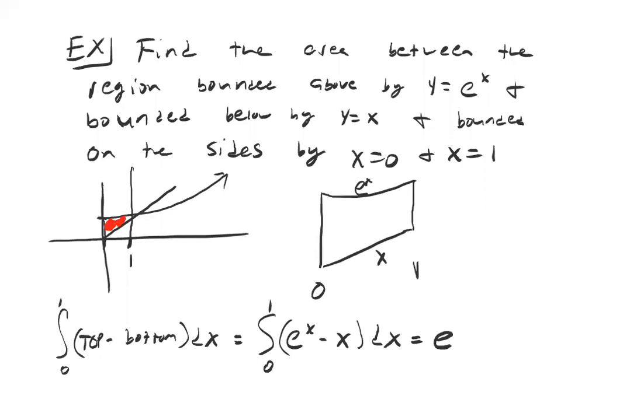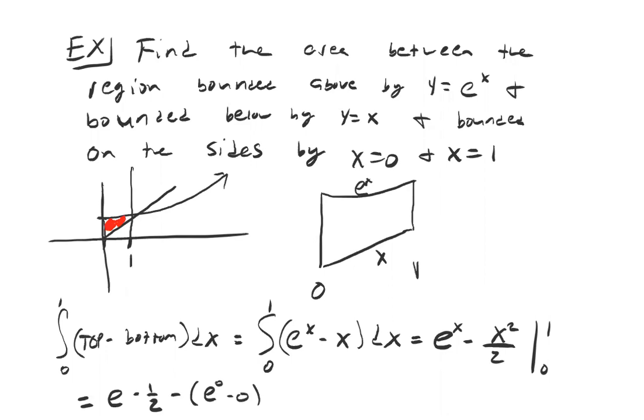So if I do this integral, I'm going to get e to the x minus x squared over 2, evaluated from 0 to 1. And so if I plug in 1, I'm going to get e minus 1/2, minus e to the 0 minus 0.